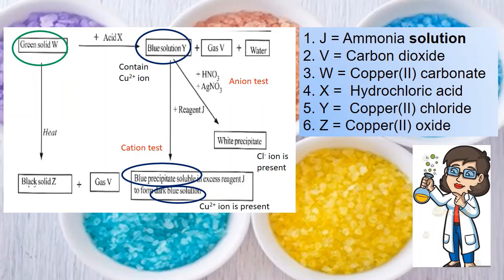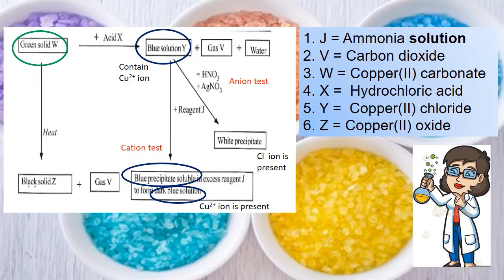For the anion test, blue solution Y is added with nitric acid followed by silver nitrate. White precipitate is formed. Confirm chloride ion is present. For the cation test, blue solution Y is added with reagent J. Blue precipitate soluble in excess reagent J to form dark blue solution. Confirm copper 2 ion is present.